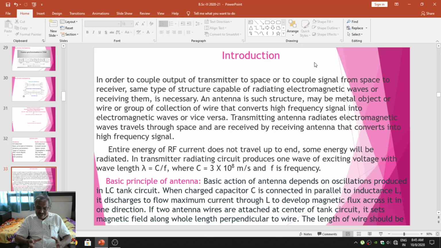So what is that similar type of structure? That structure is a conducting metal rod, a conducting metal object, a conducting group of wires, maybe made up of copper or maybe made up of aluminium.